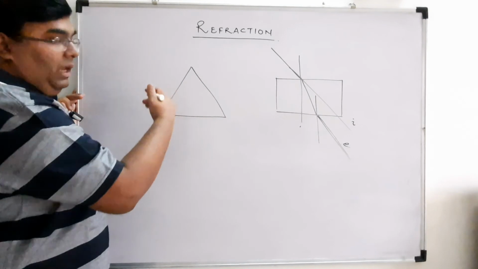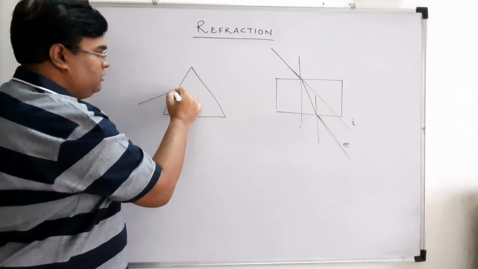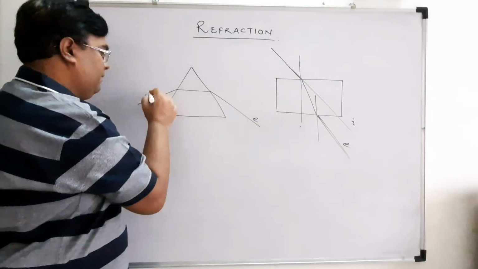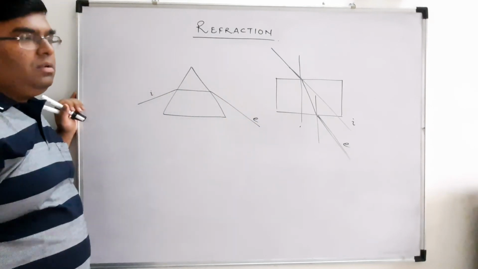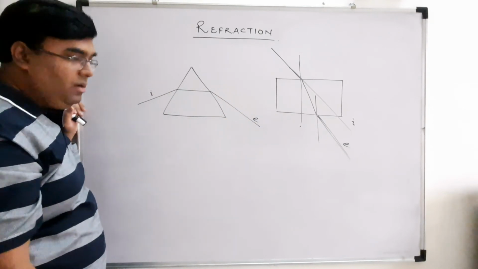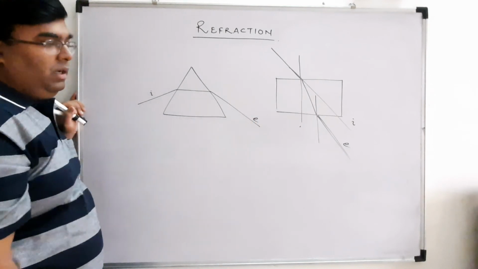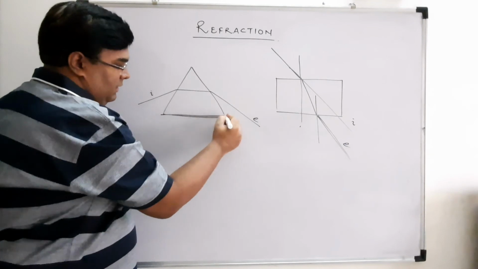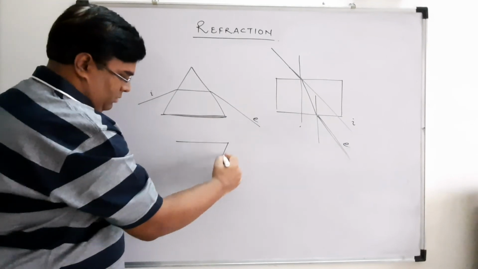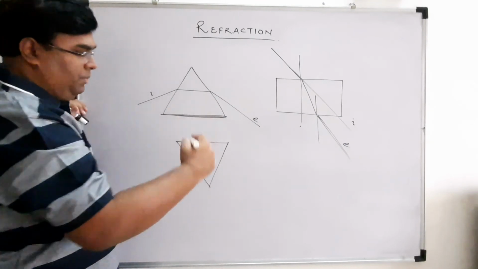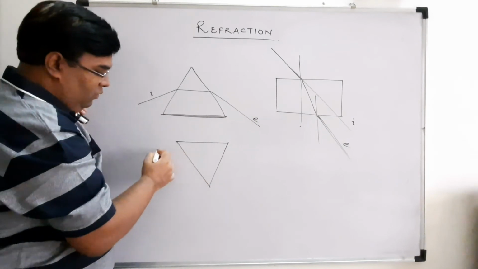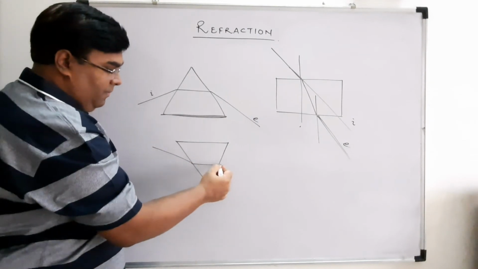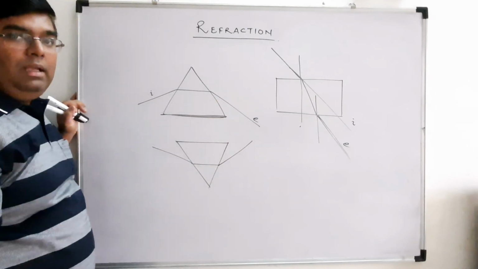Okay. In case of a prism, this was my incident ray, this is my emergent ray. This I and E are not parallel to each other. However, this emergent ray is bent towards the base. Right? If you draw the prism like this, and draw the incident ray, my emergent ray will be like this.